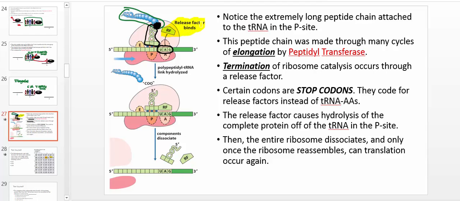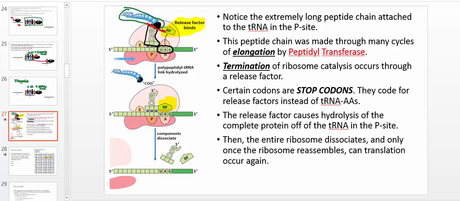Okay? So whenever the ribosome encounters a UAG, instead of an aminoacyl tRNA coming into the A site, something called a release factor comes in. And what the release factor essentially does is it catalyzes the hydrolysis of the protein off the tRNA. So this bond between the tRNA and the protein is broken.